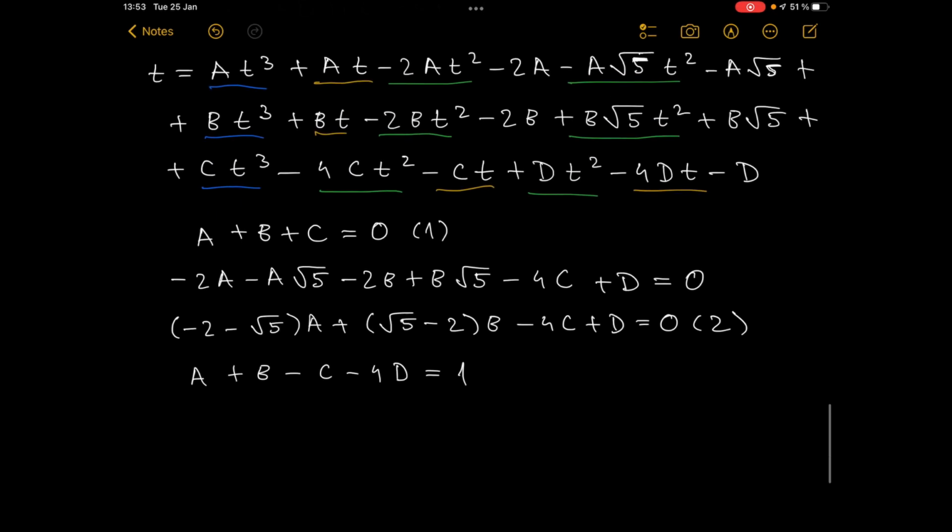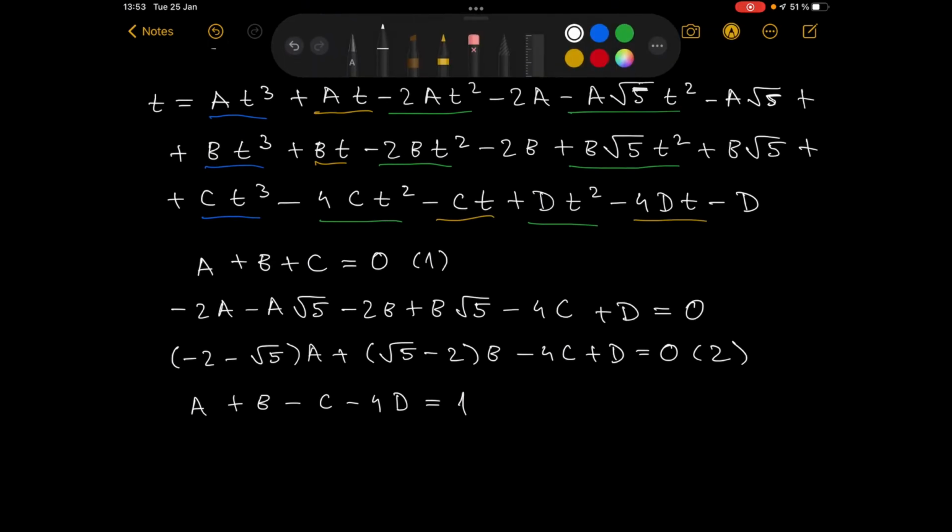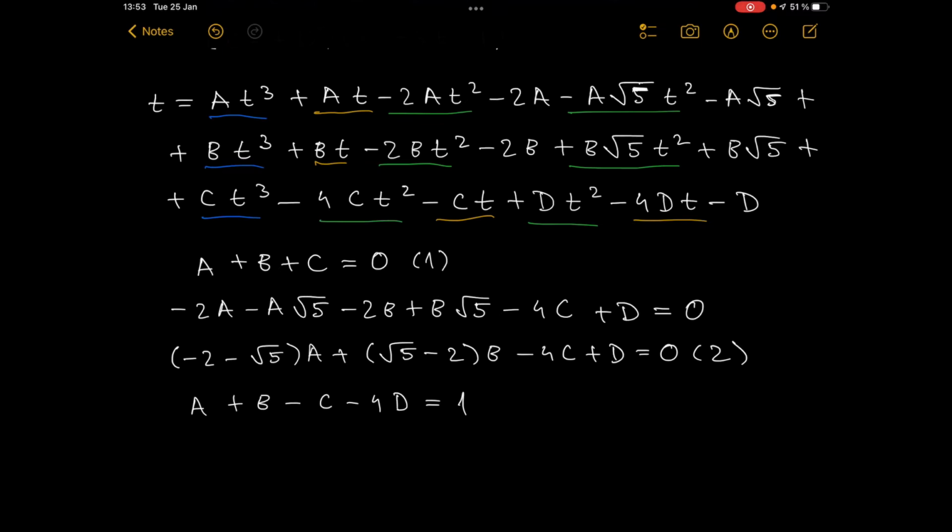And finally, we only need our last equation, which are these three parts. This one, this one, this one, and this one.